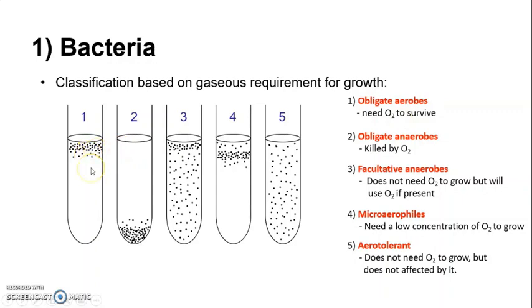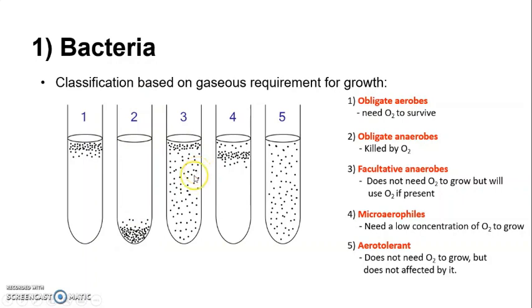That's why if you grow the bacteria in the tubes here, it always stays almost at the surface of the media. The second one is obligate anaerobe, which means it will only grow without the presence of oxygen because oxygen can kill them. So that's why in this tube here, it will stay at the bottom of the tube to avoid oxygen on the surface.